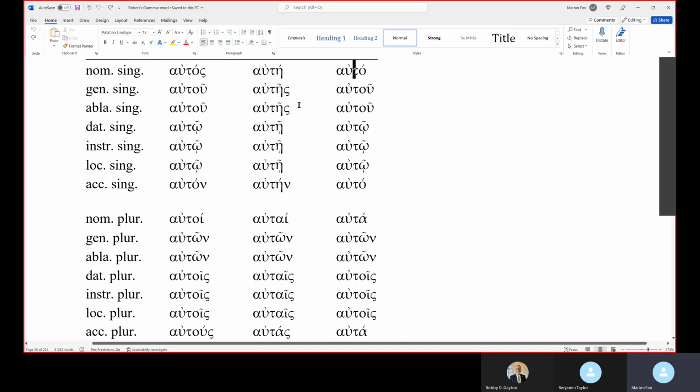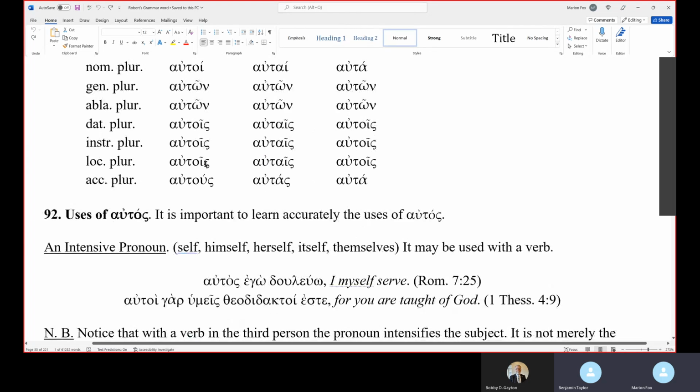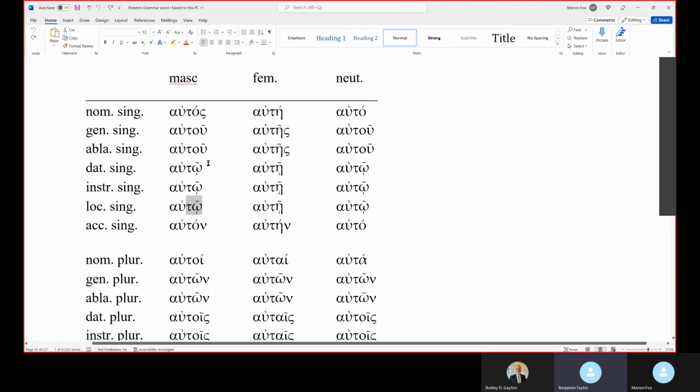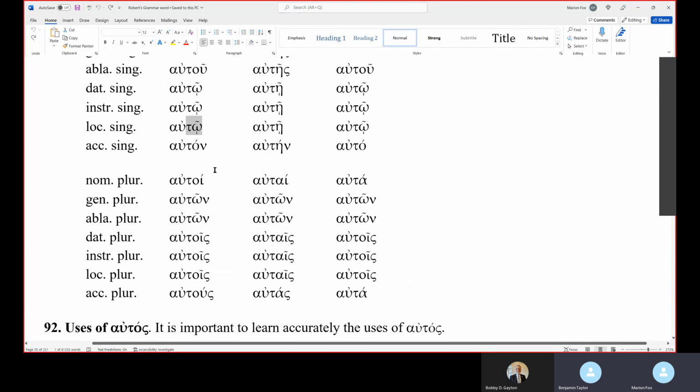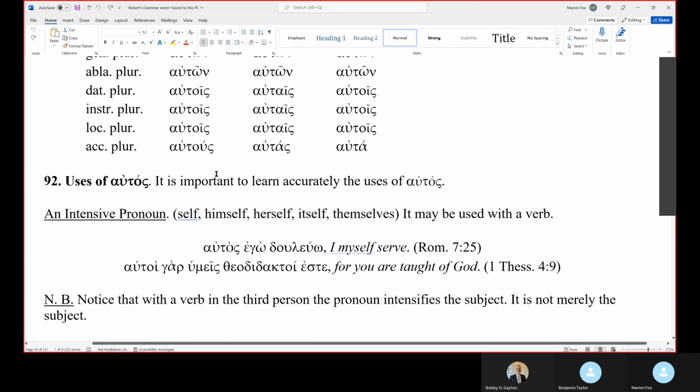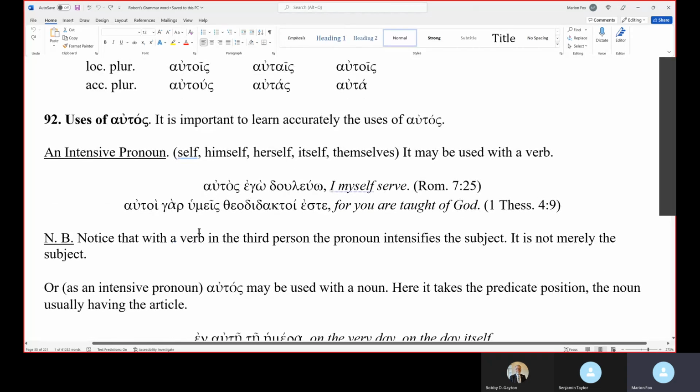Now, the endings here are essentially like your article. Look at that. These really are functioning much like adjectives. Okay. All right. Now, can I just summarize to make sure I understand? So if it's in the nominative, it's always the intensive pronoun? Yes. So that would be itself, himself, herself. What we'll get down to are these rules down here.